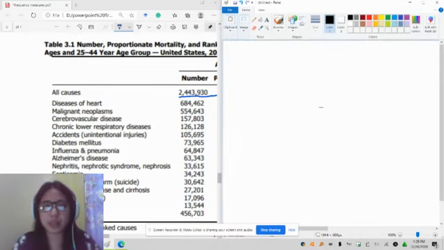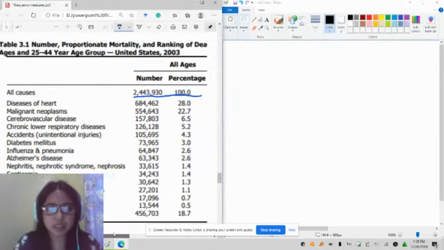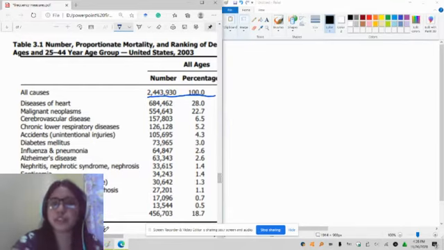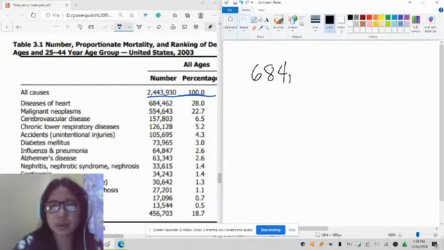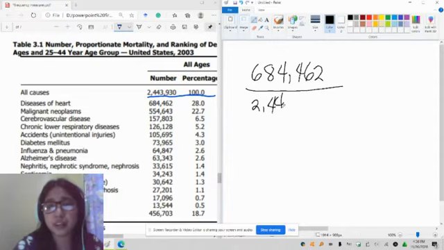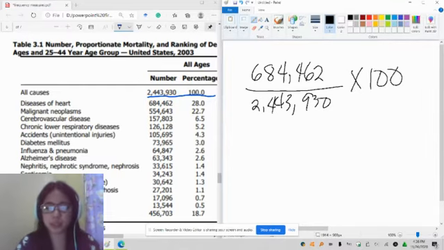To show that, for example, for disease of heart, this is simply dividing 684,462 by 2,443,930 multiplied by 100.